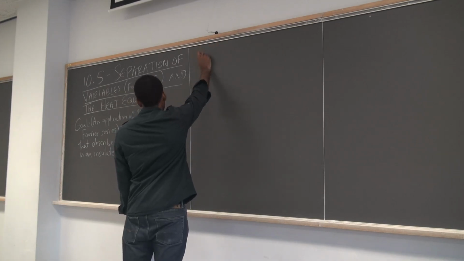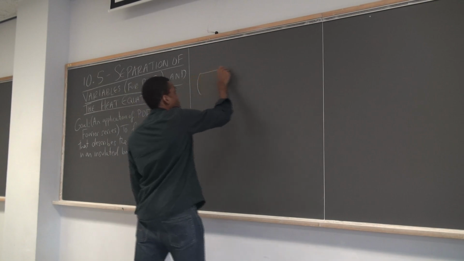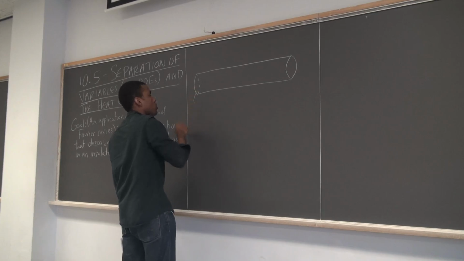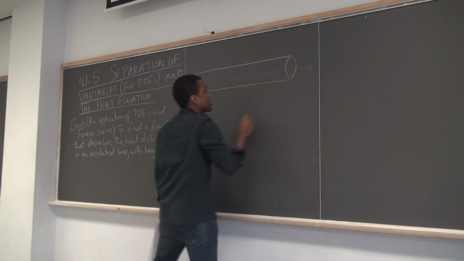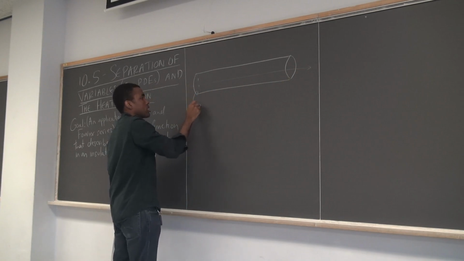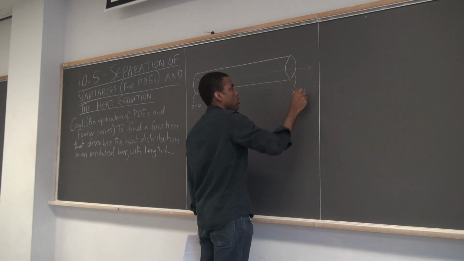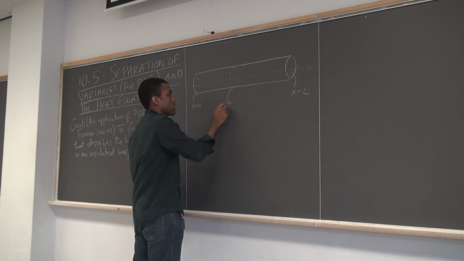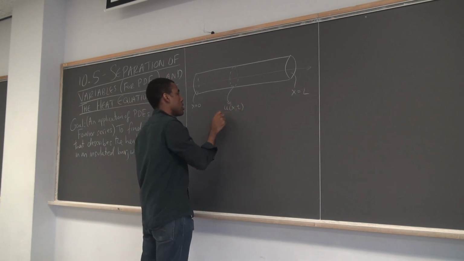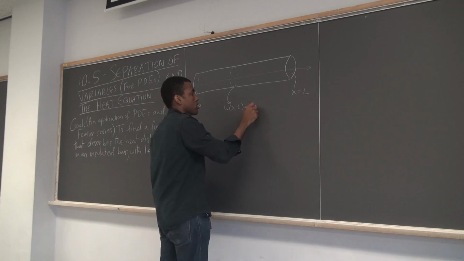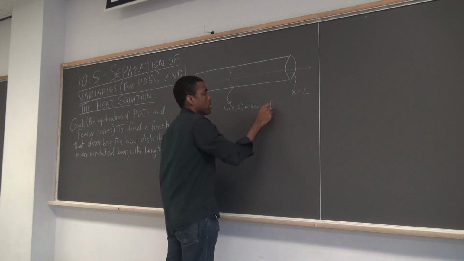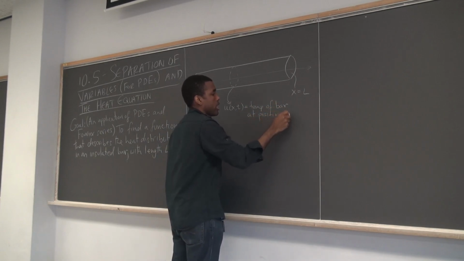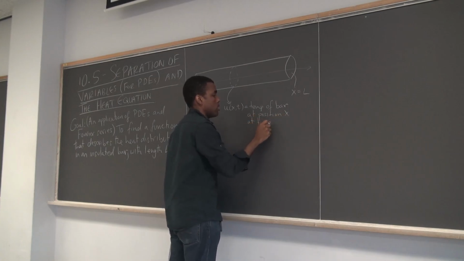Well, okay, so basically the idea is we have this bar. We're measuring it along, let's say, the x-axis, where this endpoint is x equals 0, this endpoint is x equals L, and basically what I want is a function, let's call it u of x,t, that gives me the temperature at position x at time t.